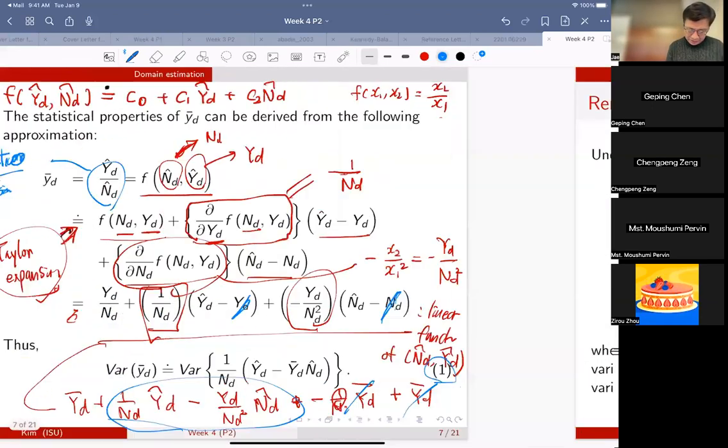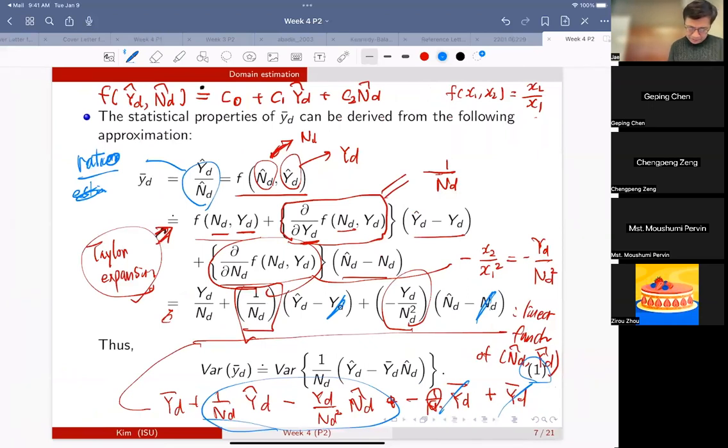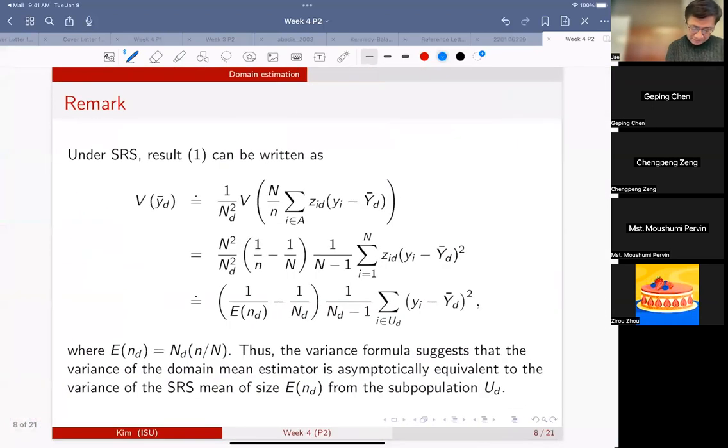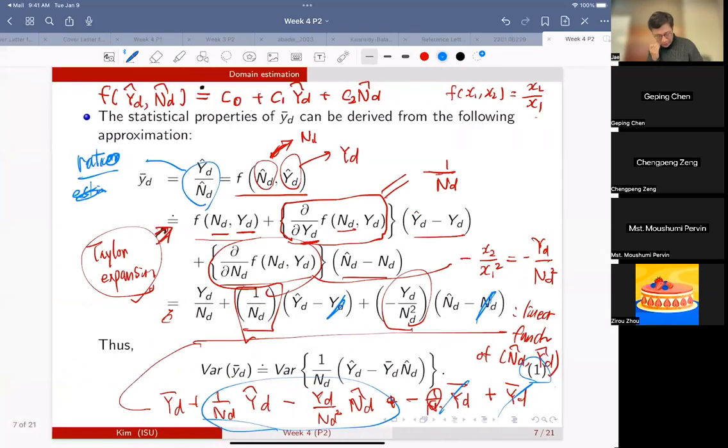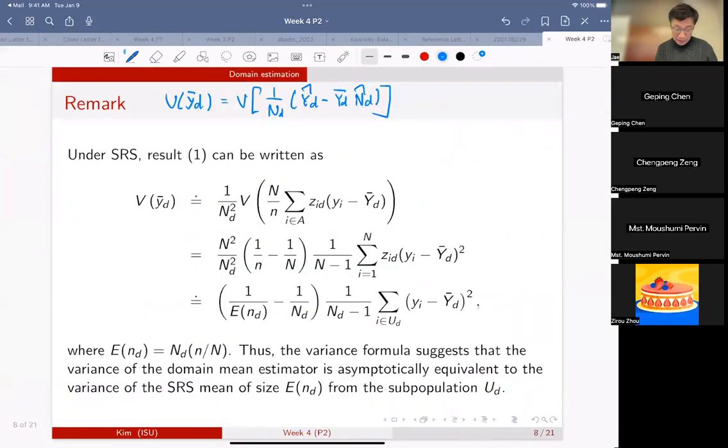Now let's try to understand this formula further. The variance of Y bar d is 1 over N_d times (Y hat d minus Y bar d N hat d). That is the formula. Let's write it further using the Hurwitz-Thompson estimator.